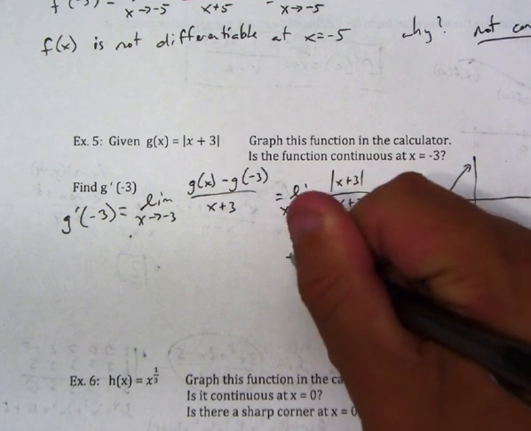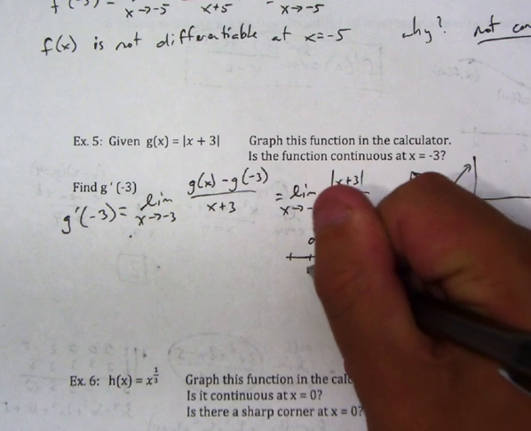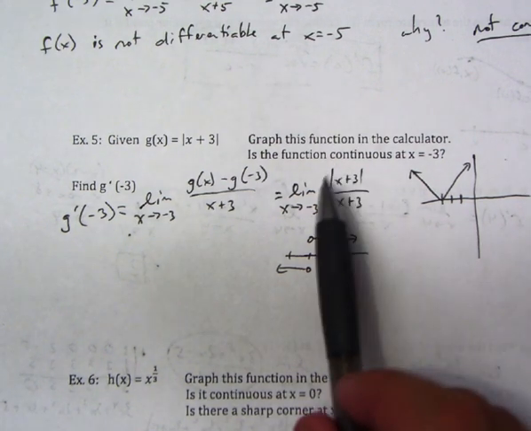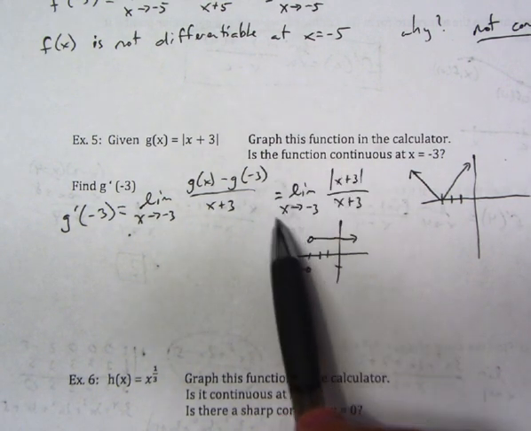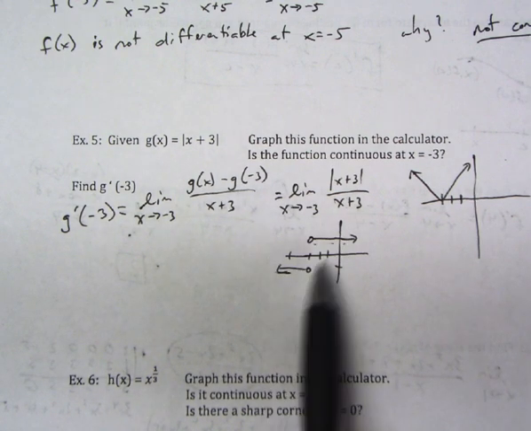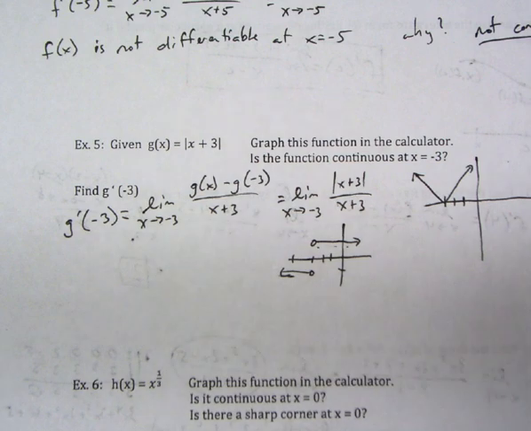And then anything to the left of it is going to be -1. We've seen this graph show up time and time again. What that means is this limit does not exist. There is no value because from the left and from the right, we don't approach the same number. This limit does not exist.